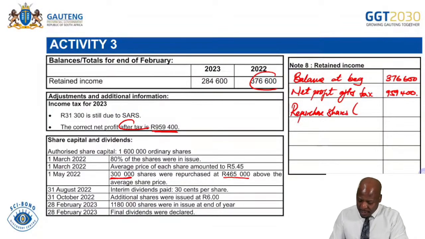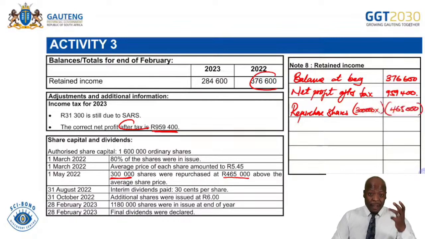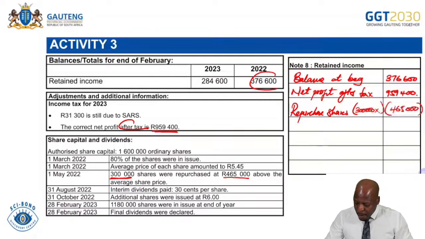So that simply means we are already given the amount that we're going to record here, that is the 465 above the average price. If you were given the price per share, you would have said 300,000 multiplied by the amount above as well. But in this question, they gave us the total amount already, which is your 465.